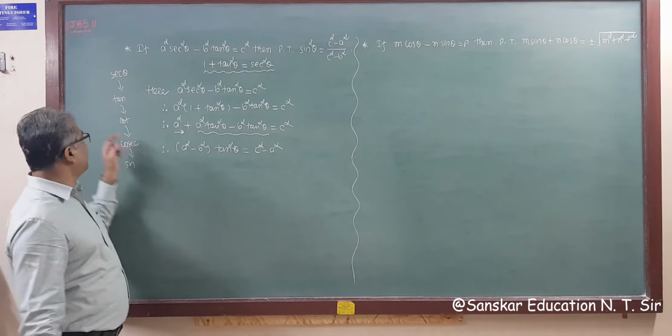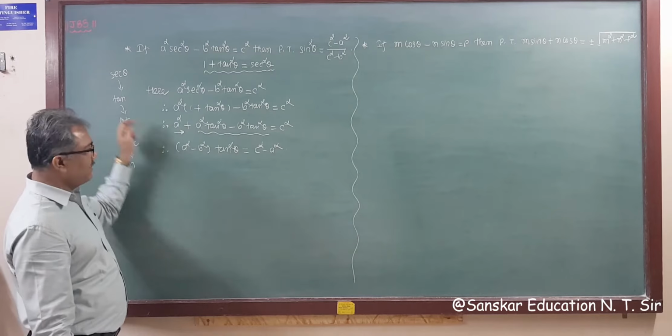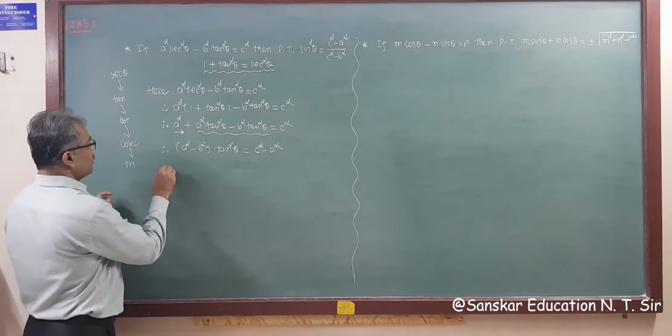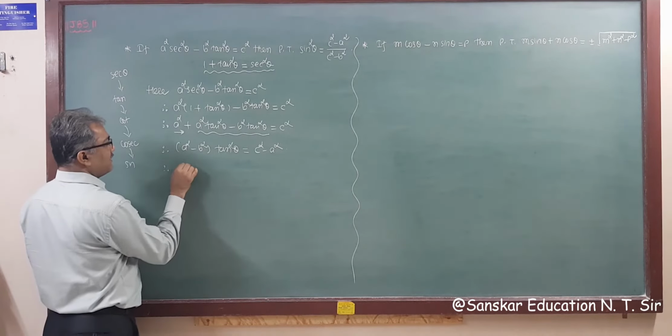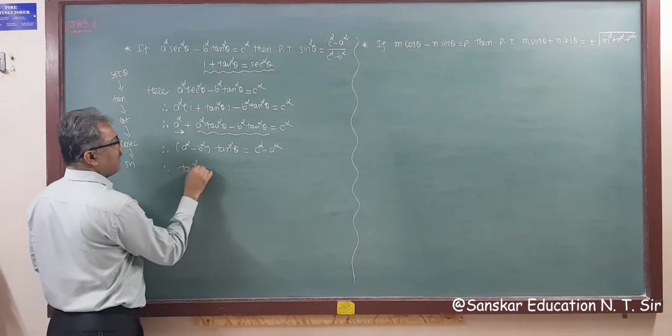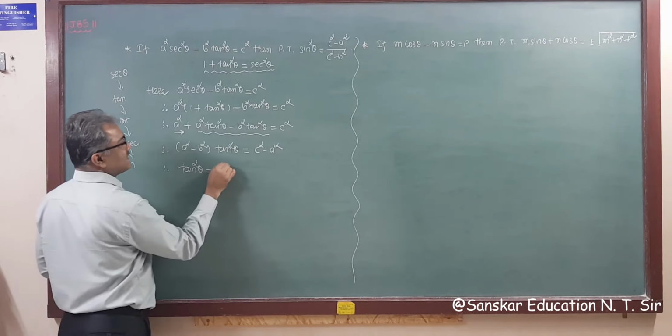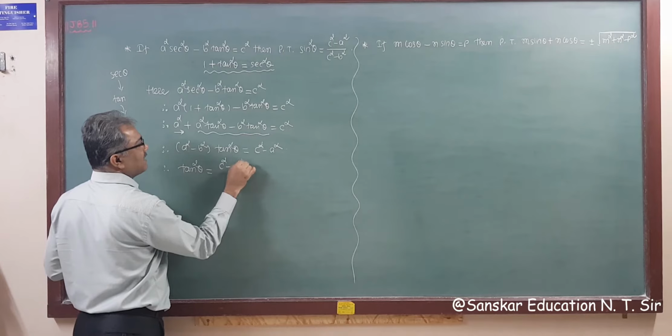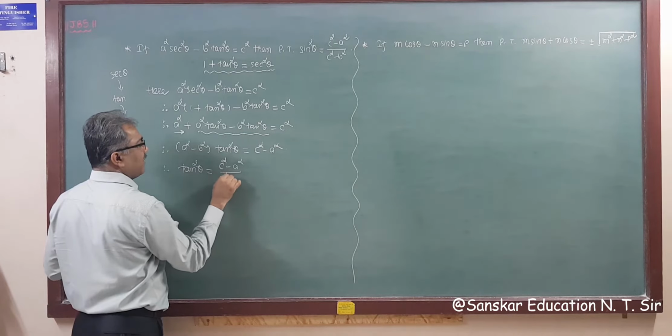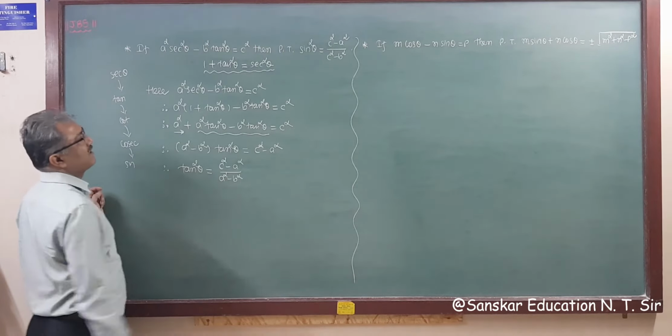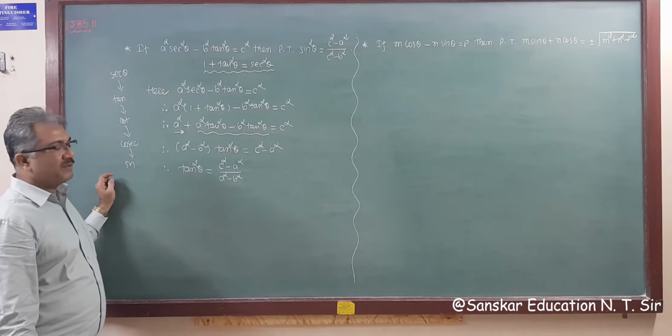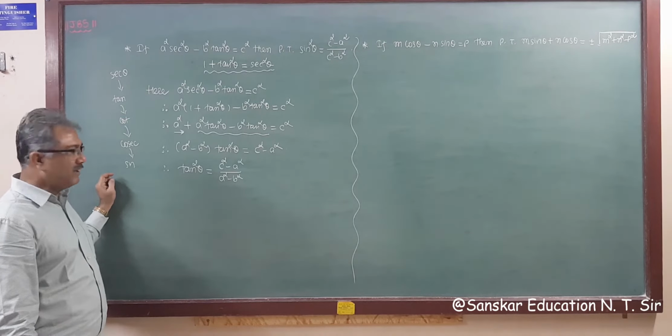So from this we have tan square theta, which is c square minus a square upon a square minus b square, right?